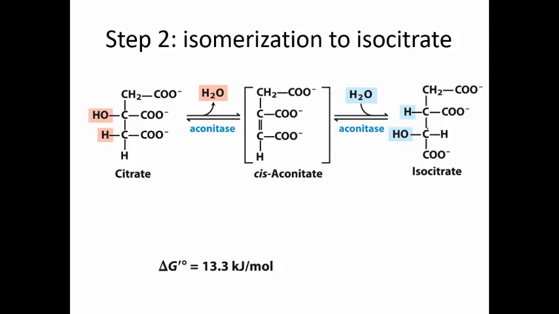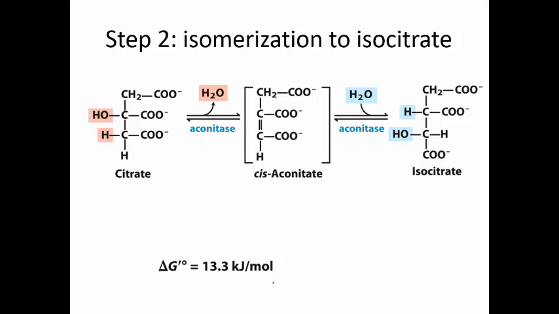So it's just been moved. So all we're going to do is move the oxygen. And what we're actually going to do is dehydrate this to the double bond and then rehydrate it in the opposite direction. So the oxygen doesn't really move. It's a different oxygen that comes in, but we don't care so much about that, right?